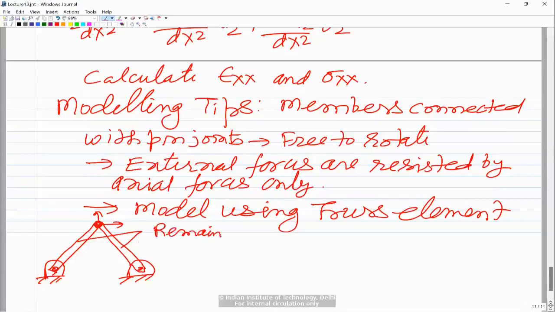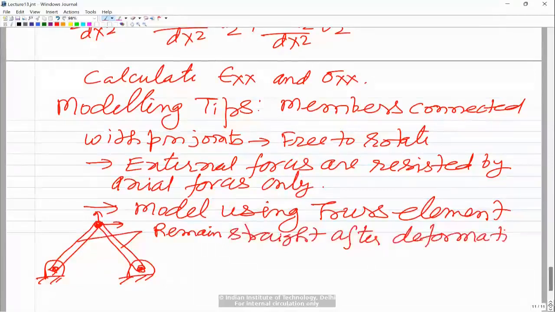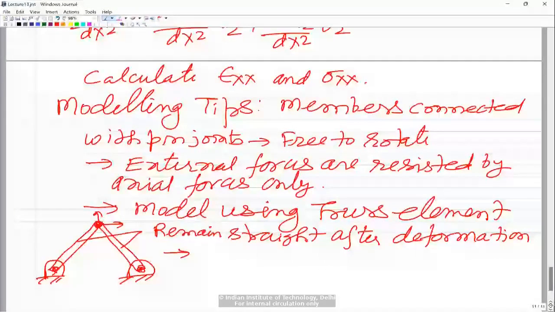The members will not become curved after deformation. They will not remain in the same position, of course there have to be displacements, but they will remain straight. If they remain straight, that means no bending, and no bending means you model them using truss element.